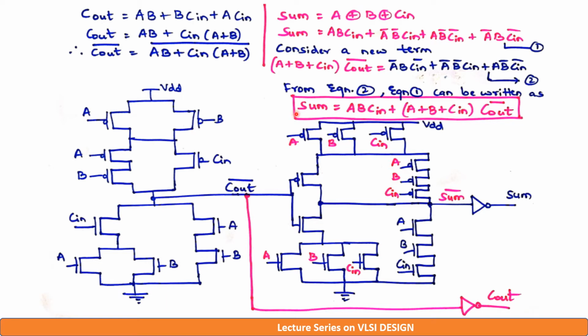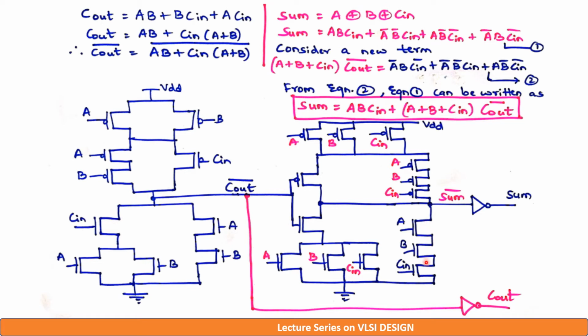So now coming to the sum expression, A dot B dot C in, so A, B, C in are connected in series, dot product. The first half is in parallel with the second half. Cout bar is in series with A, B, C in connected in parallel. Pull up is exactly dual of pull down.